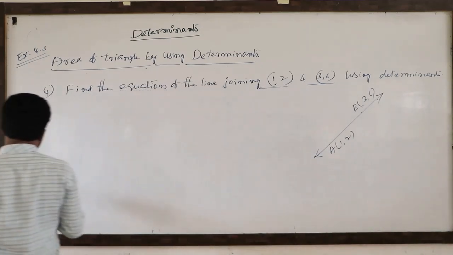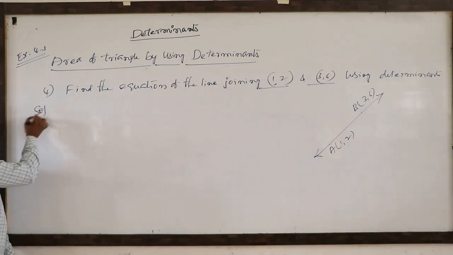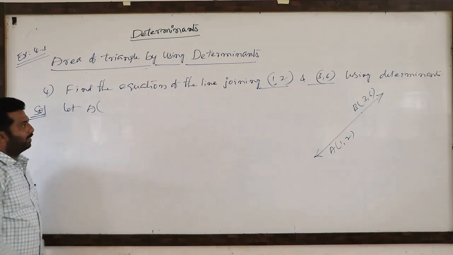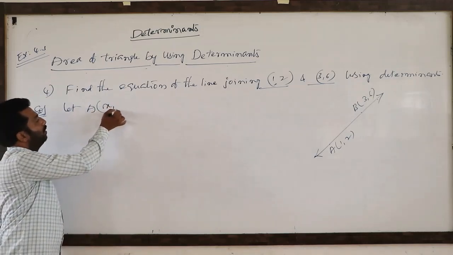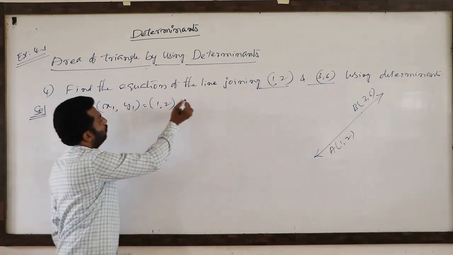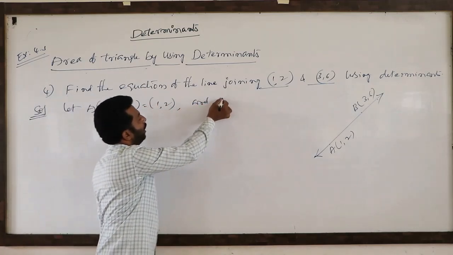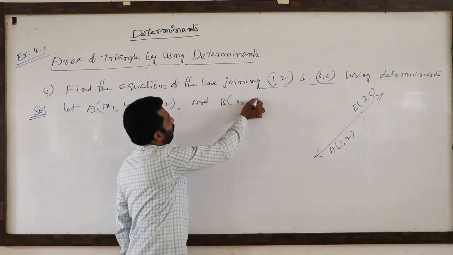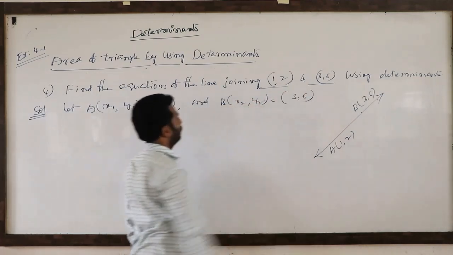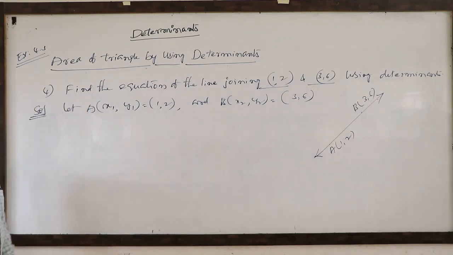So just you observe. We are assuming like this. Let A of x1 comma y1 equal to 1 comma 2 and B of x2 comma y2 equal to 3 comma 6. We are assuming like that.